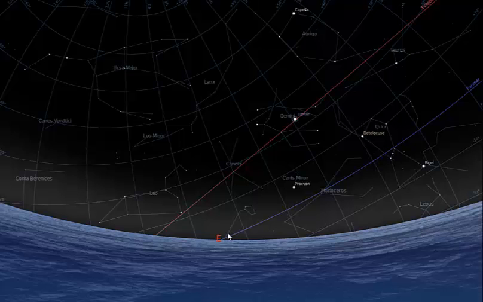Now, when we were in Bogota, this was nearly perpendicular to the horizon. That's the celestial equator. And these lines were actually parallel to the horizon. And these lines of declination above and below the celestial equator were almost perpendicular, just like the celestial equator. So we've really tilted our view.